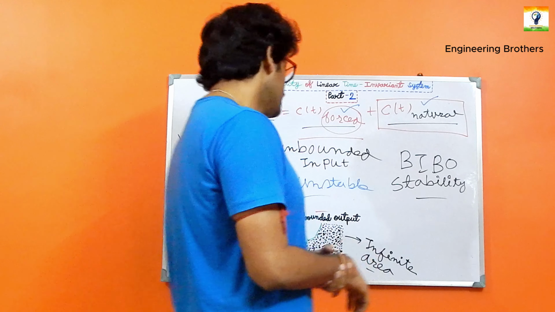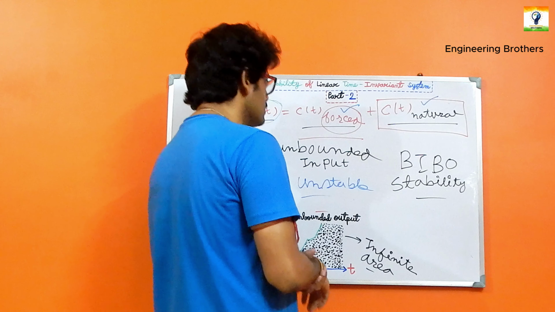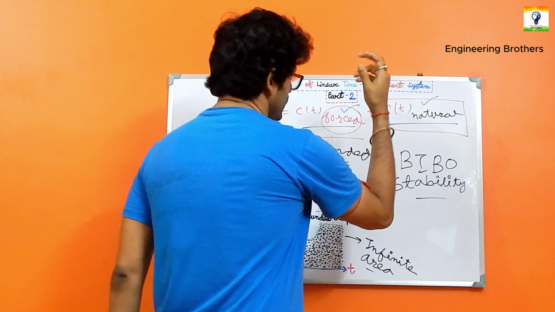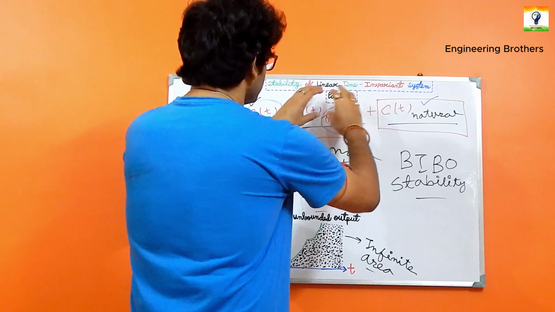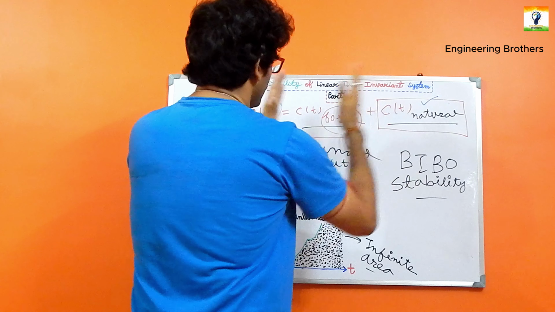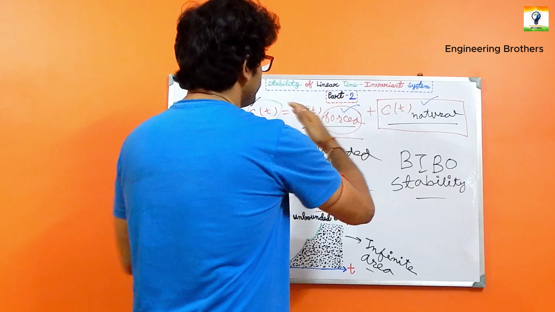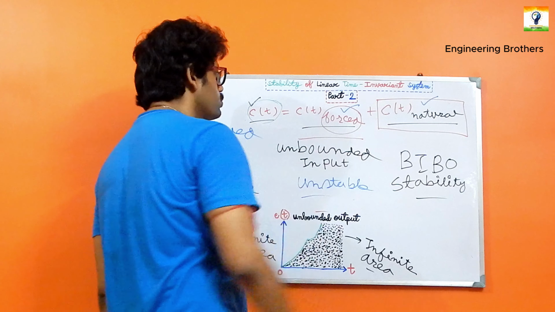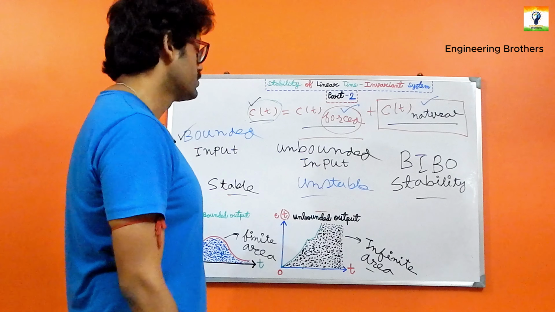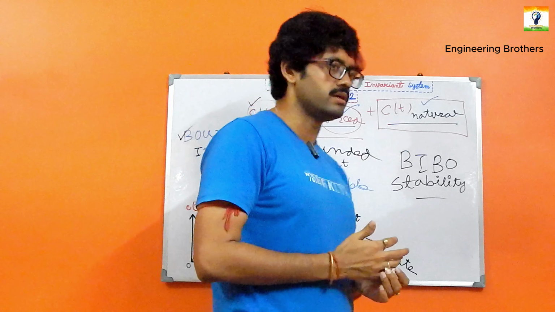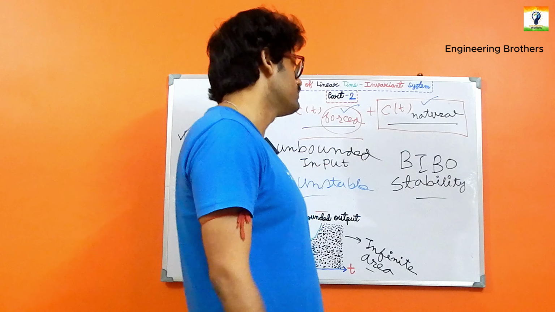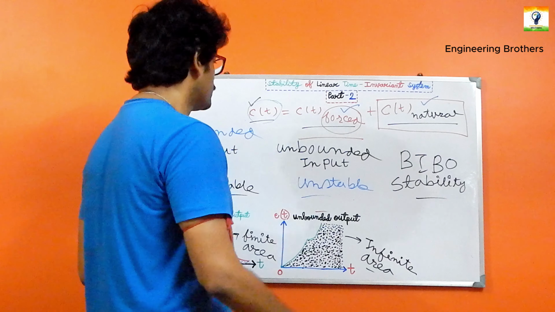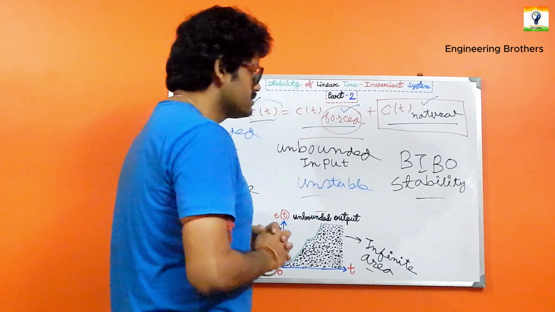Because we don't understand the natural part of our response, since we cannot separately define or differentiate these two output response factors. So there are some exception steps over there. This is the basic consideration for BIBO stability.